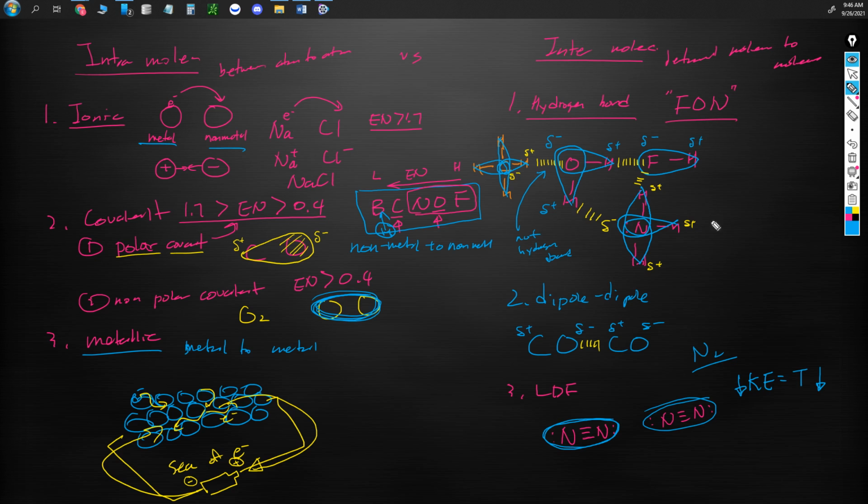When that slowdown occurs and electrons are positioned at one point, it will create a temporary partially negative charge there and partial positive charge there. Would that stay permanently? No. The electron will go right back, making this side negative now, and that side positive. It's just a slower motion because temperature is decreased and kinetic energy is decreased at the same time.